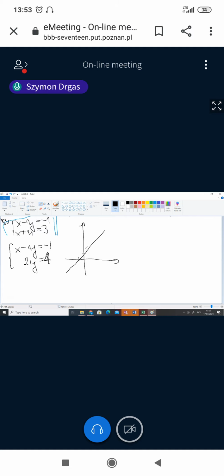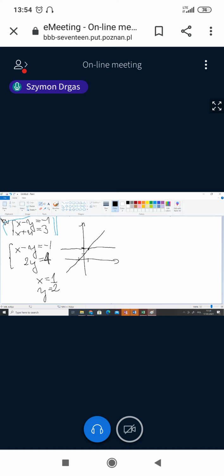So it will be a horizontal line, and we can see that we still have the same solution here. So x is equal to 1 and y is equal to 2.